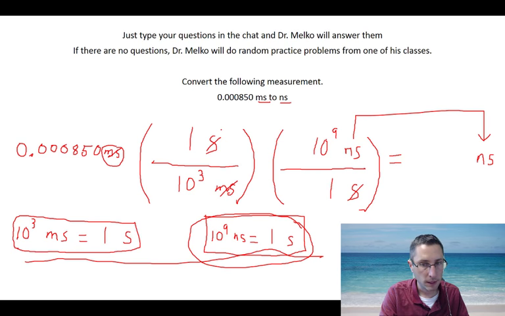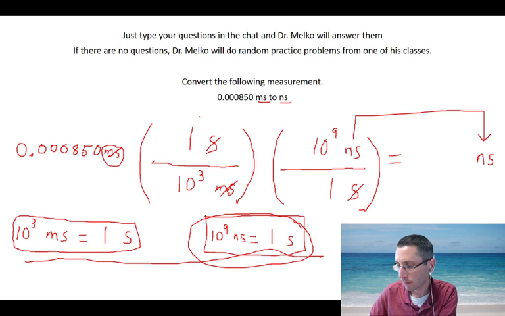I'll hit enter, and then I'll divide by 1 second, and so I'll be left with 850 nanoseconds.